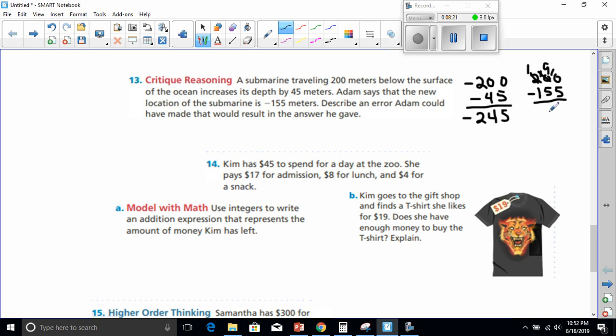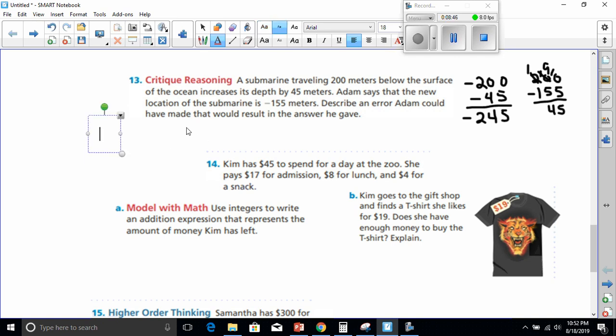And as you can see, we're going to have 45 left over. Look at that, the 45 meters. It looks to me what Adam did was he added a positive 45 instead of subtracting or adding a -45 to the 200.